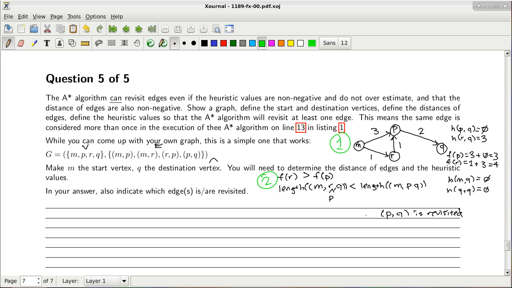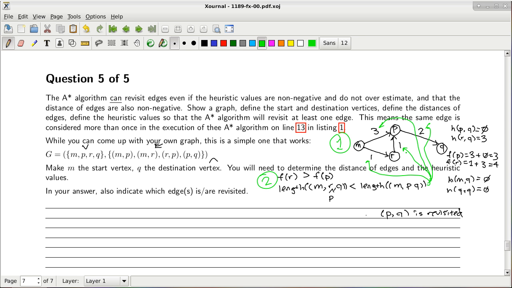So given number 2, these constraints here, we can now work out the values, the cost of the edges, to make sure that the length is right. So the length here is going to help us determine the values of the cost of the edges here.